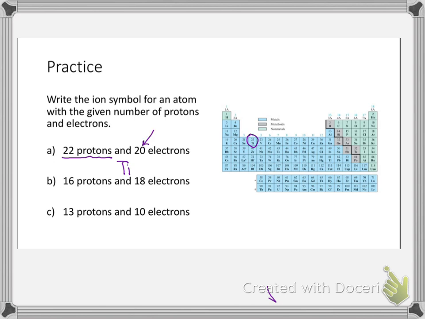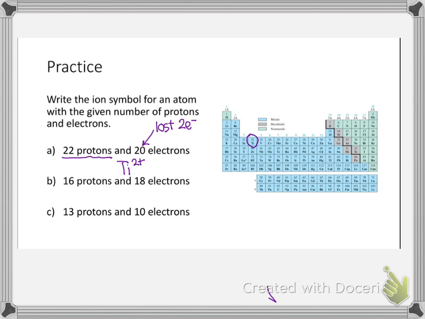But I look here and I see this one only has 20 electrons, so it lost 2 electrons. Losing electrons creates a positive charge because you have more protons than you do electrons. So if you lose 2 electrons, it would create a 2 positive charge.